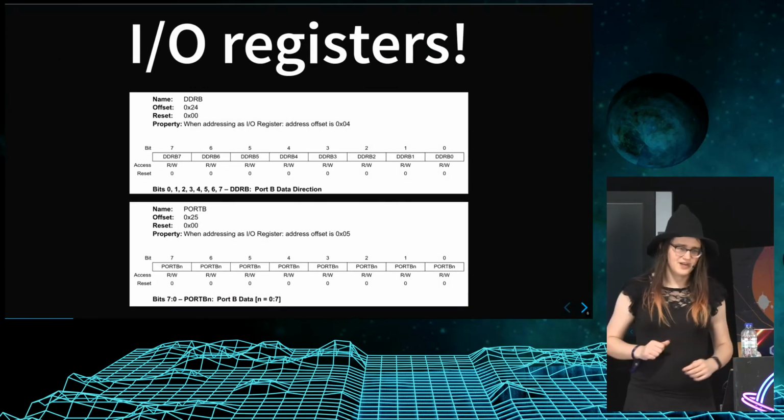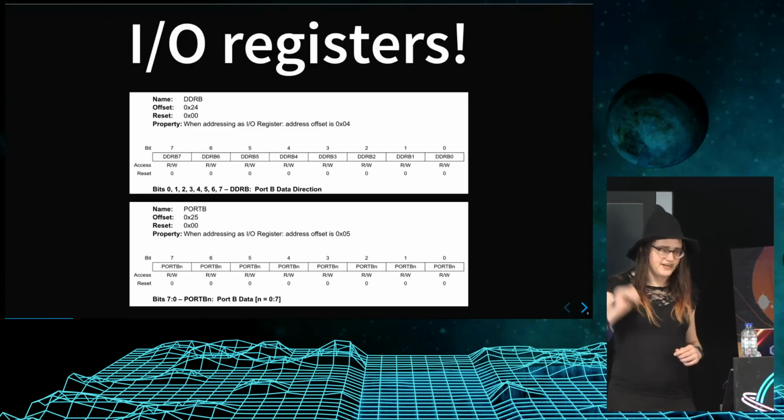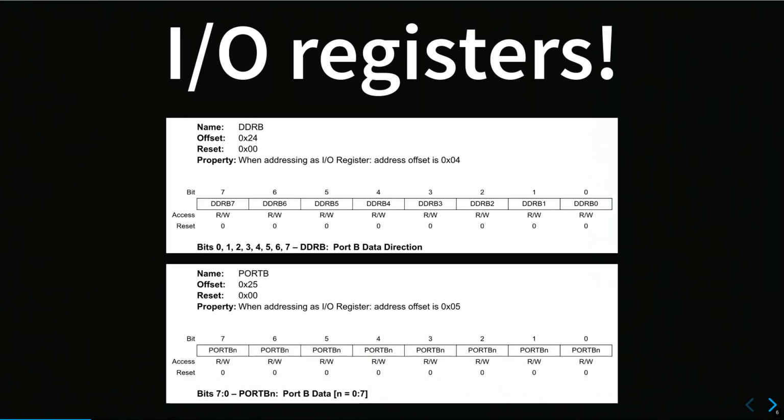So, how do you turn on an LED? You set the pin to high, but how do you do that? The way you control hardware on a microcontroller is using registers.